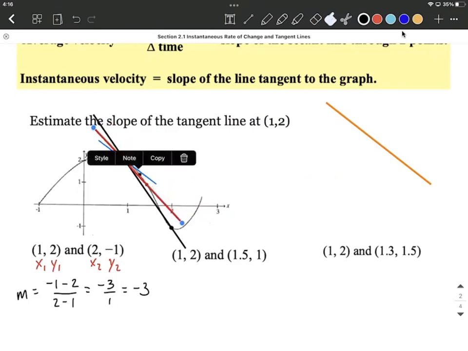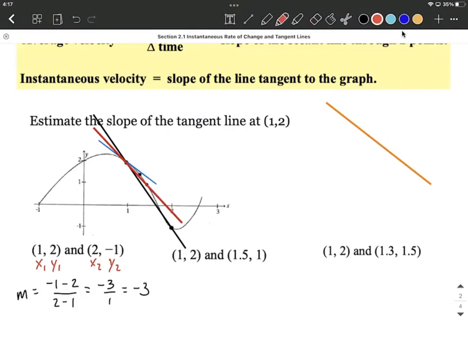You can see that this secant line intersects the point (1, 2) that we really care about, but it's going to use this point, which is (1.5, 1). The slope of that line is going to be a better estimation to the blue one. As you can see, we went from the black line to this one, and notice how it's squeezing in and getting closer and closer to the blue line.